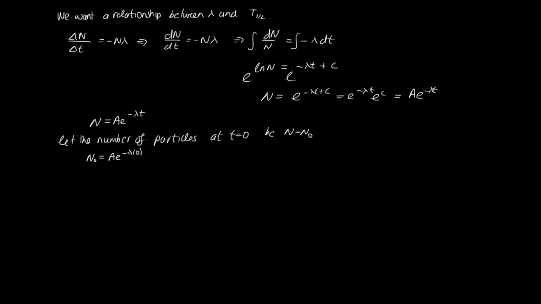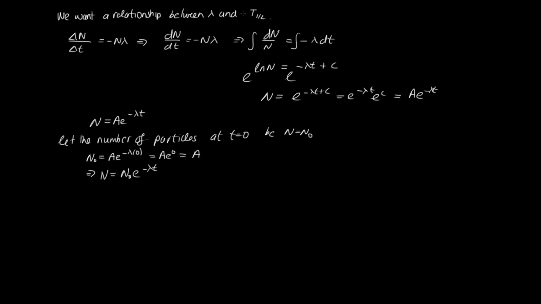Lambda times 0 is 0, and so we have A e to the 0, which is equal to A, because e to the power of 0 is just 1. So we've got A is equal to N0. So this tells us that our expression for the number of particles N is equal to N0, the particles at time 0, times e to the minus lambda t.